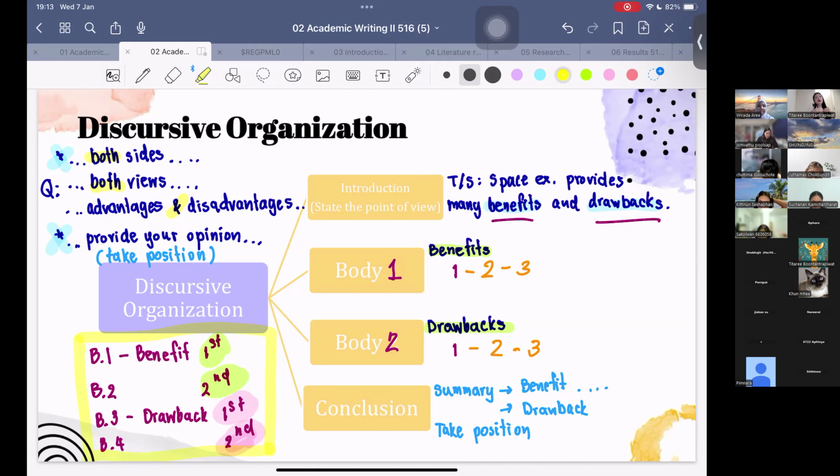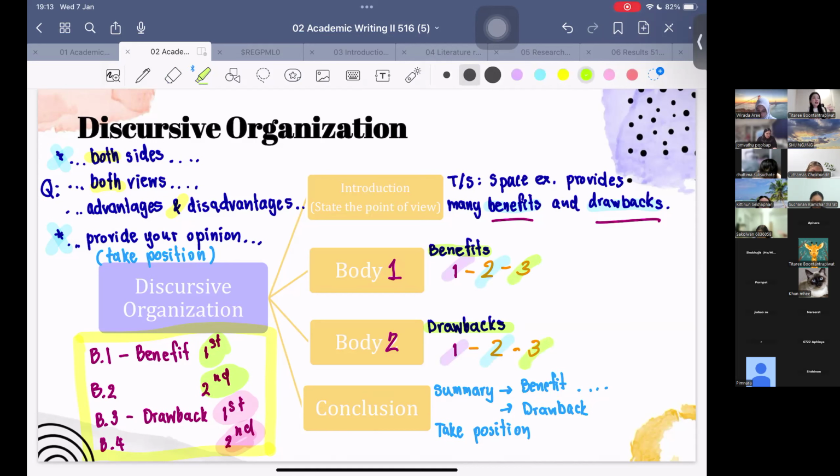Body paragraph 2, you write the drawbacks. If body paragraph 1 has one benefit, the drawback is going to be one. If body paragraph 1 has two benefits, body paragraph 2 is going to have two drawbacks. If you have three benefits, body paragraph 2 has three drawbacks as well.